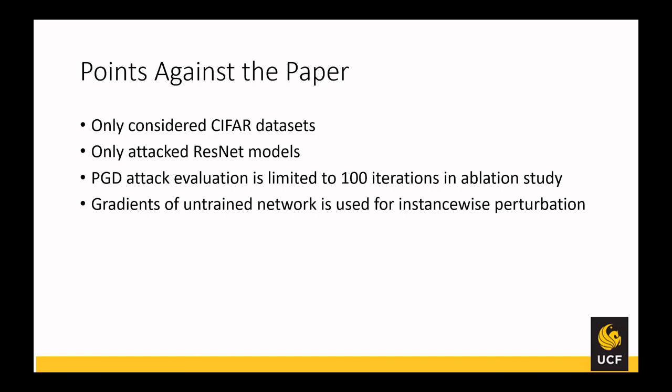Another thing I found interesting is that they use the gradients of the untrained network, or the network that is currently being trained, when they are producing the instance-wise perturbation, right? Then it's not like a huge improvement over TRADES. And so yeah, that concludes our presentation. Thank you.